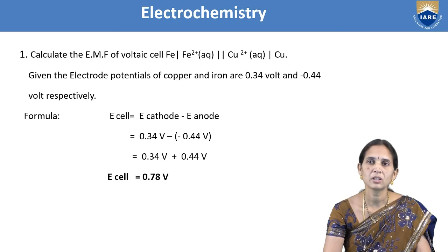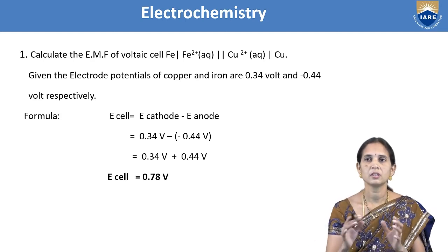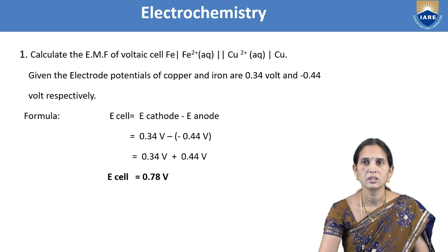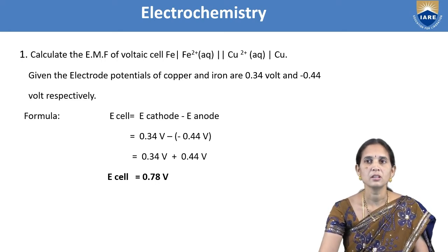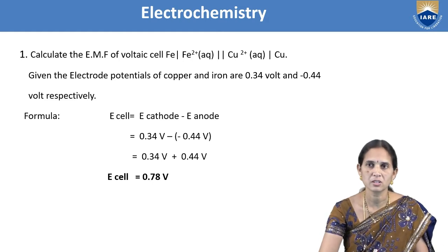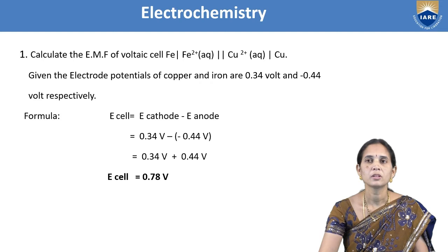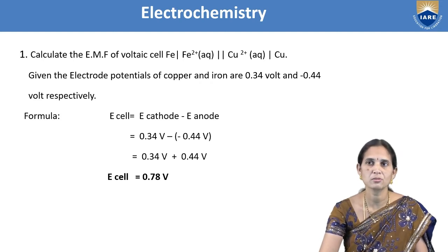In another beaker we take an iron electrode and iron sulfate solution. We have constructed these two electrodes in a cell, and the redox reaction takes place in the cell. We have known the potential of these two electrodes.